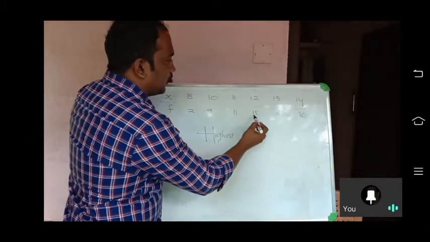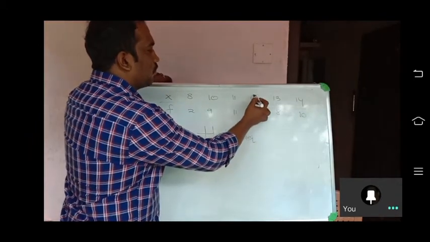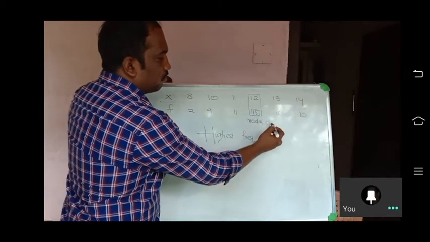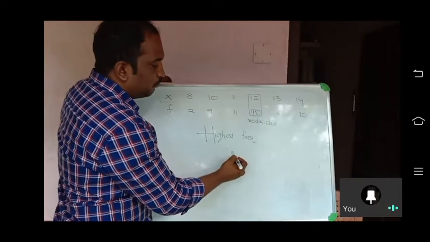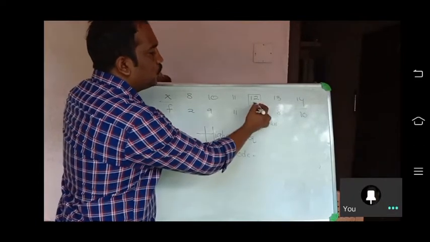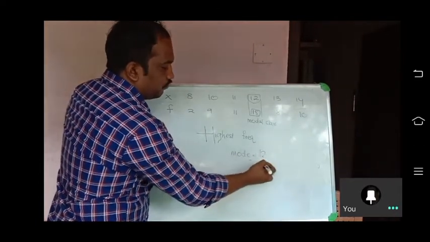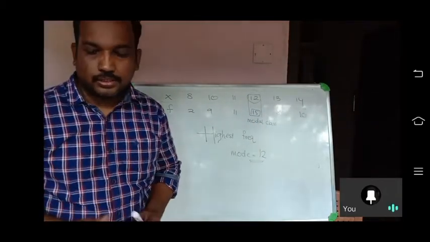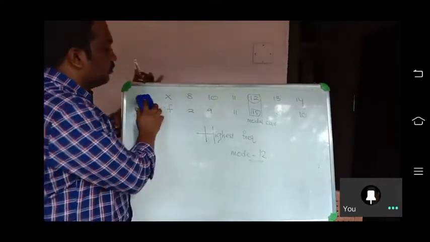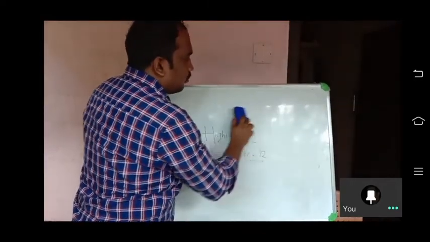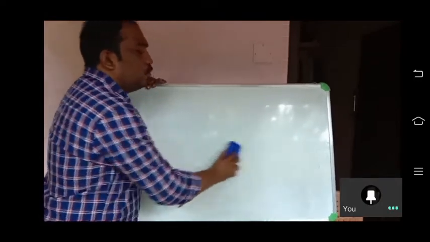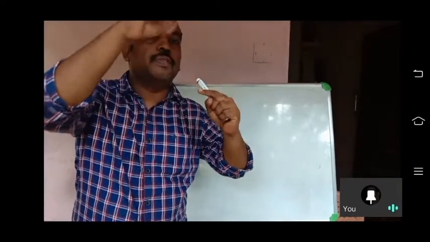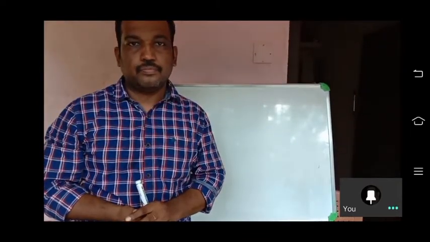The highest frequency is 15. So this is the modal class, and the mode will be 12. It's very simple. You have to find where the highest frequency is. Its class, its value will be the mode.